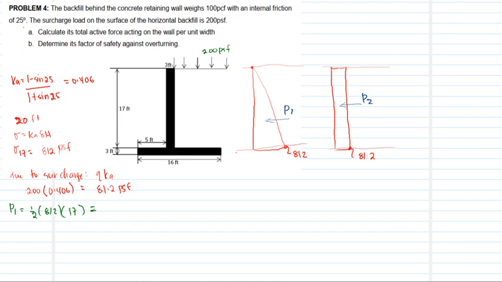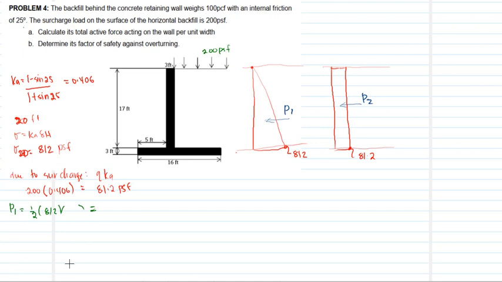At 20 feet. So, yung value natin dito is equal to 20 times 0.406 times the unit weight, which is 100. So, 812. Tama yung sagot natin, 812. 20 feet pala ito, nakalimutan natin yung 3 feet.